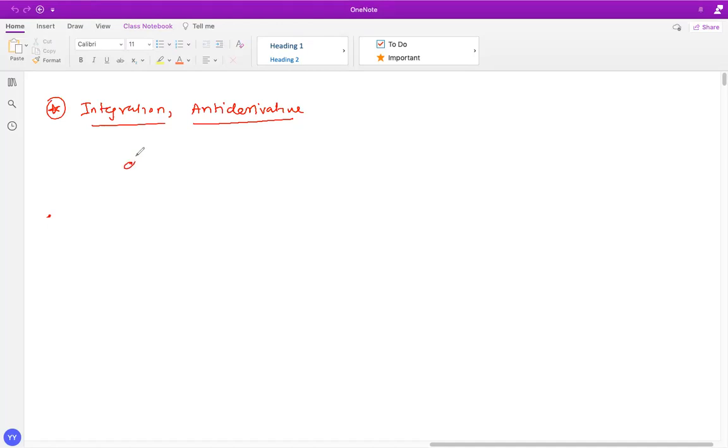So let's say I take the derivative of any function, for example, x cubed plus 4x plus 3 to the power 8. The derivative of this is 8 times x cubed plus 4x plus 3 to the power 7 times 3x squared plus 4.